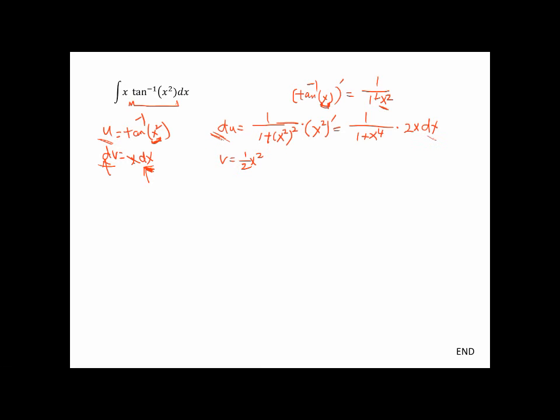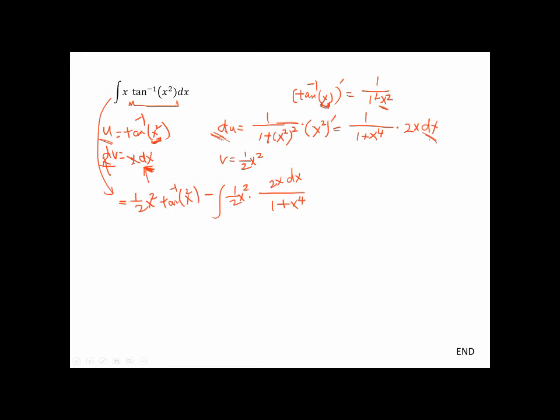You simply remember that d follows d and d matches up with d. So we won't forget it. This equals uv, right? 1/2 x squared arctangent x squared, right? Minus the integration of v du, which is 1/2 x squared times, I put this on top, 2x dx over 1 plus x to the fourth.